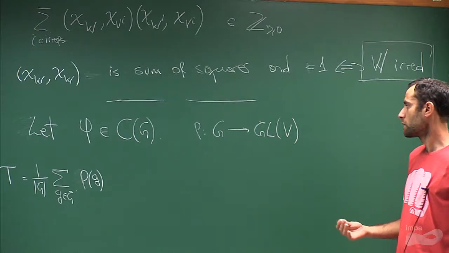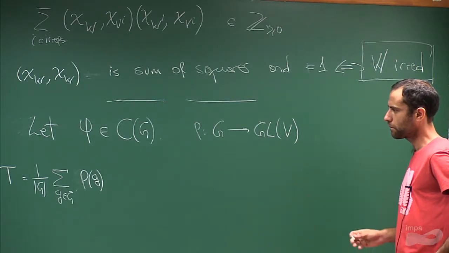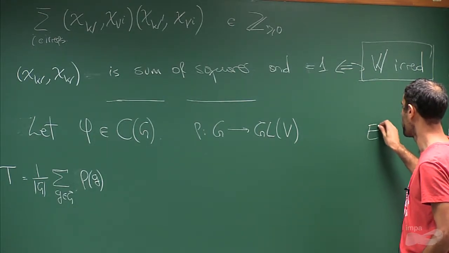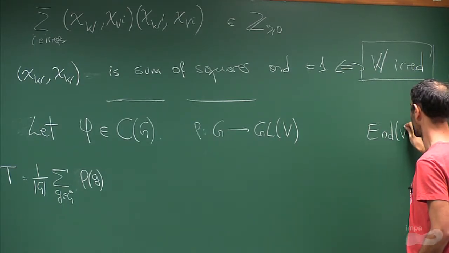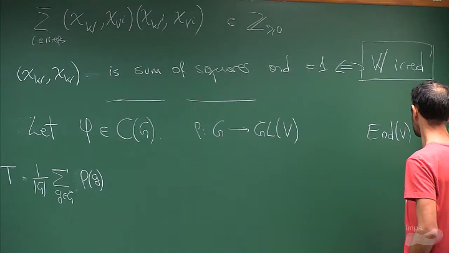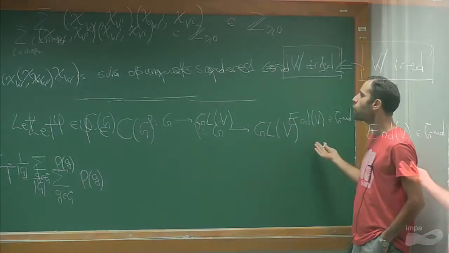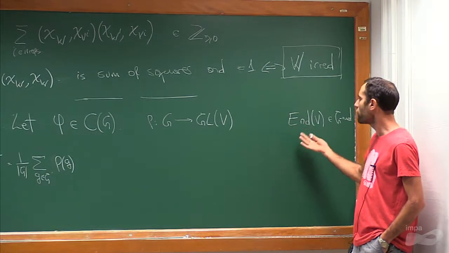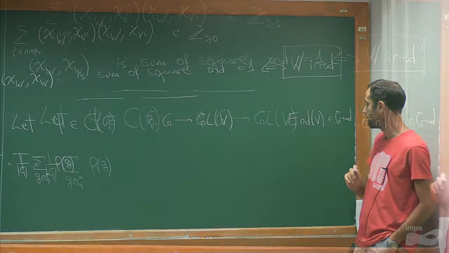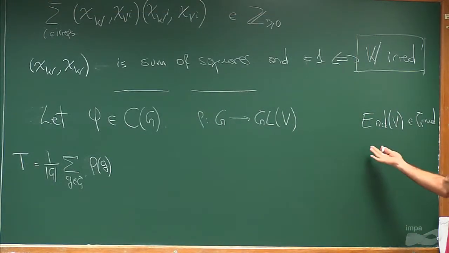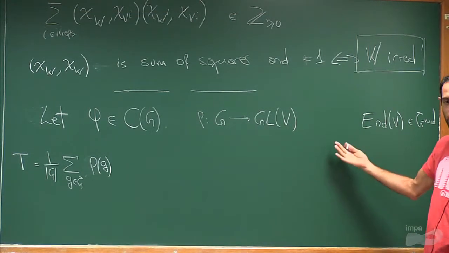Okay? So you can view endomorphisms of V as a G module. And you can view it in two ways. And we've already seen this, as an endomorphism, as a module over the group G. One way was by conjugation.